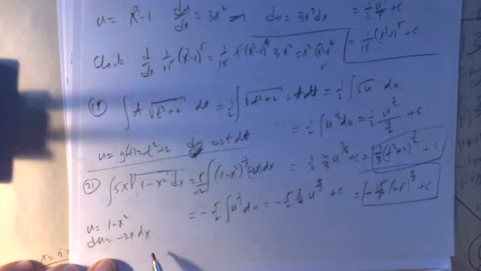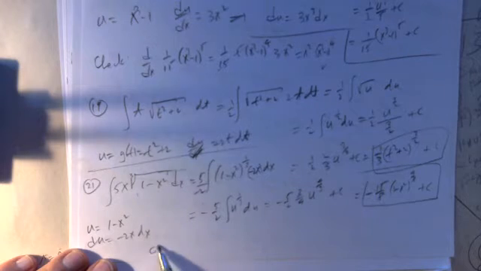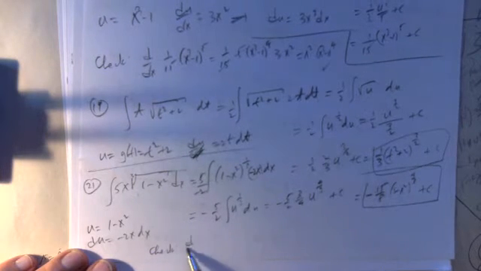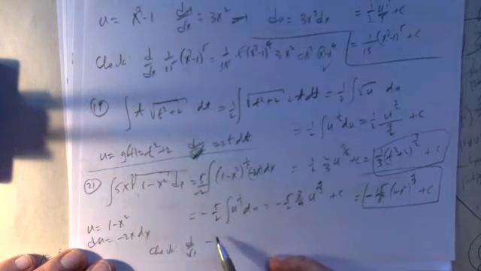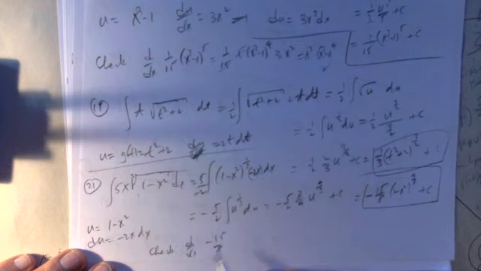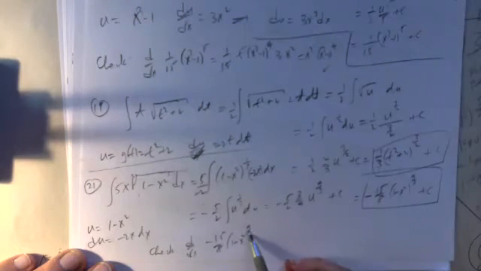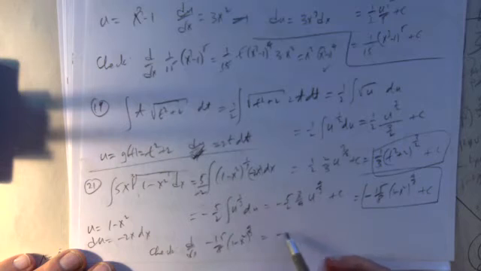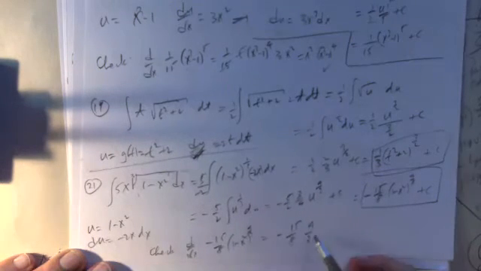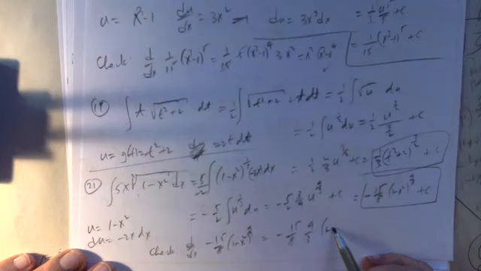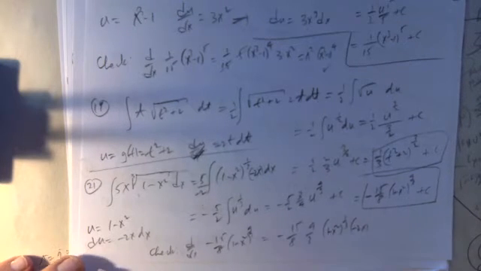And if we want to check, the derivative of minus 15/8 times 1 minus x squared to the 4/3 is minus 15/8 times 4/3 times 1 minus x squared to the 1/3 times minus 2x.